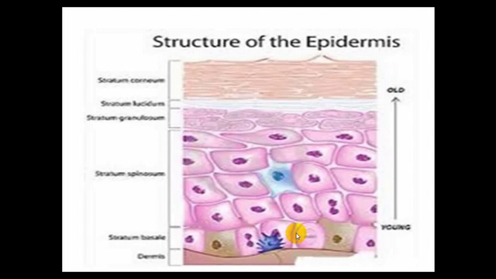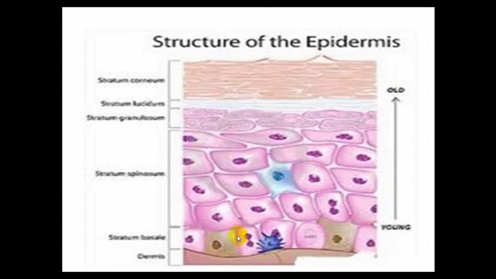The attachment between these cells occurs by a structure called a desmosome. A desmosome makes a bond between these attached cells.